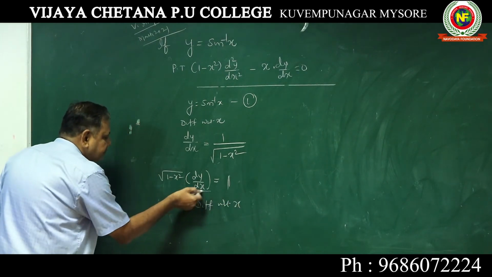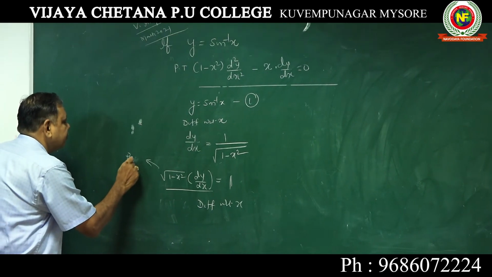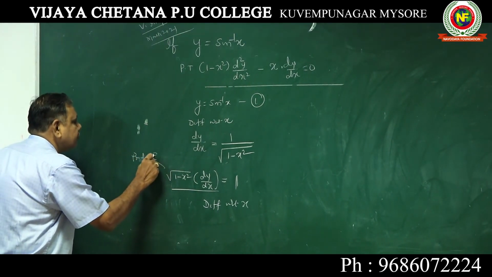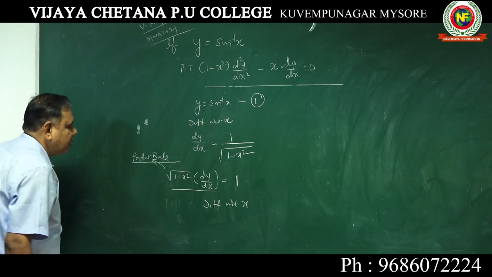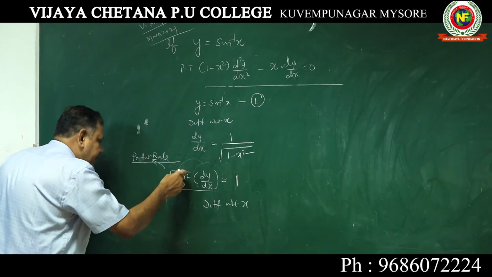When you differentiate, it is a product rule. Very important thing is you should know this is nothing but the product rule: this into d by dx of this plus this into d by dx of this.